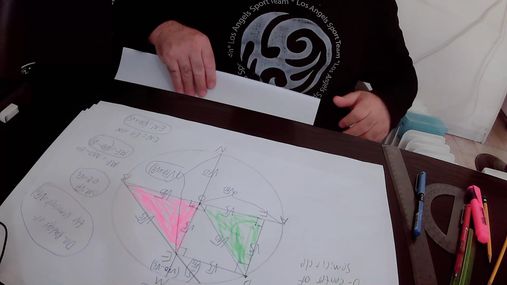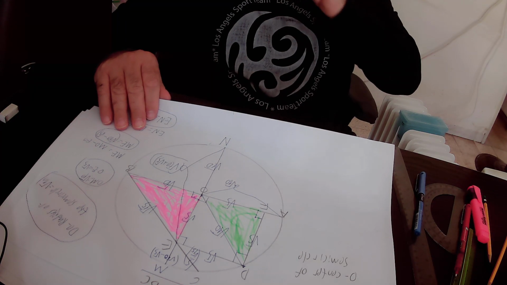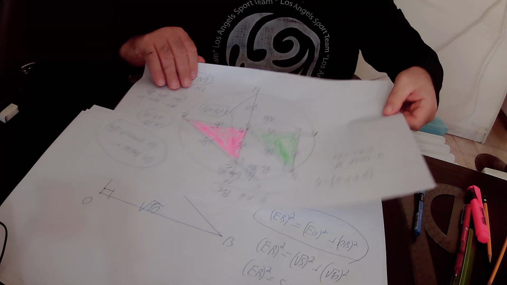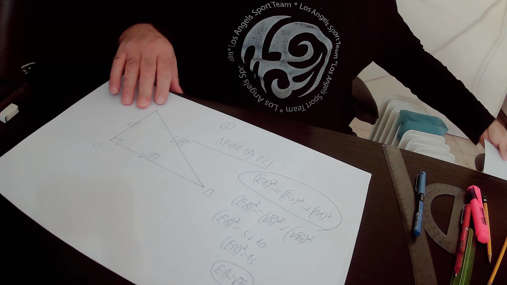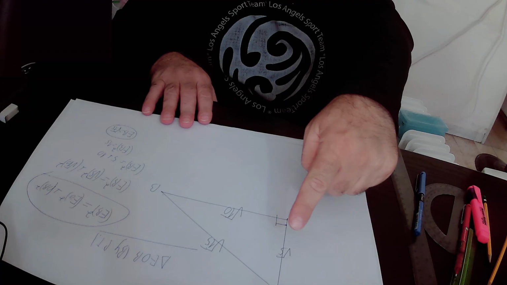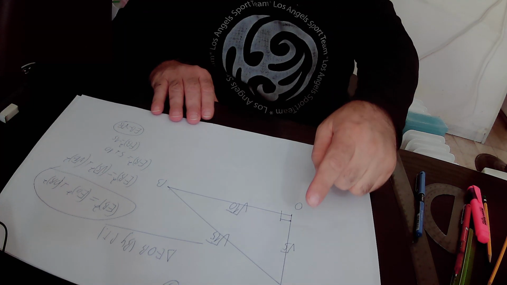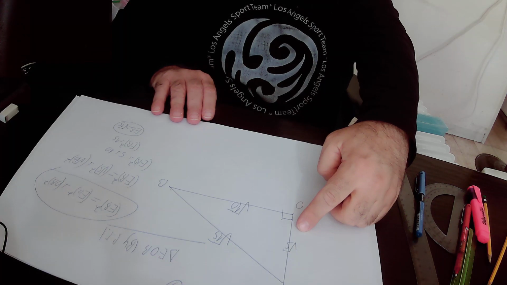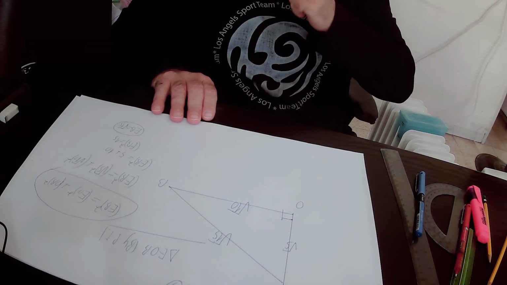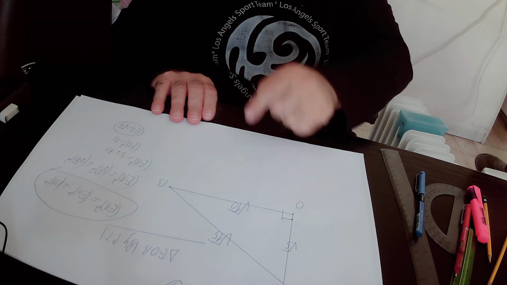So I copy triangle EOB in a new page, and we implement the Pythagoras theorem on this right pink triangle EOB. We have already found out that EO equals the square root of 5 units. OB, that is also the radius of the semicircle, equals the square root of 10 units.